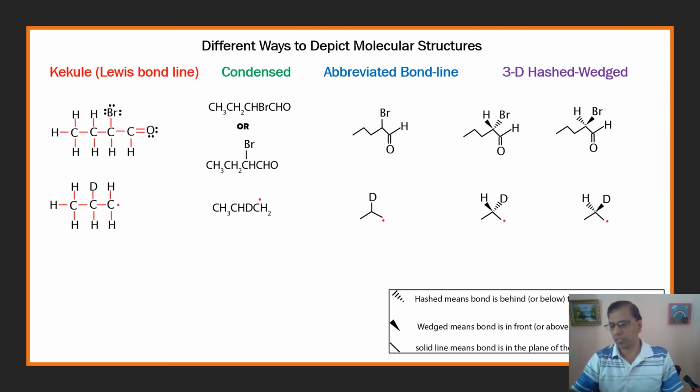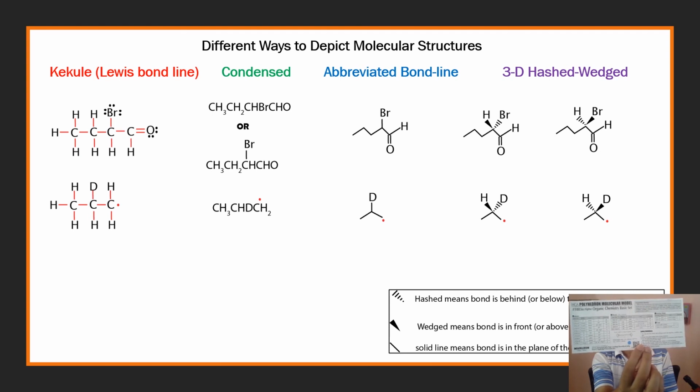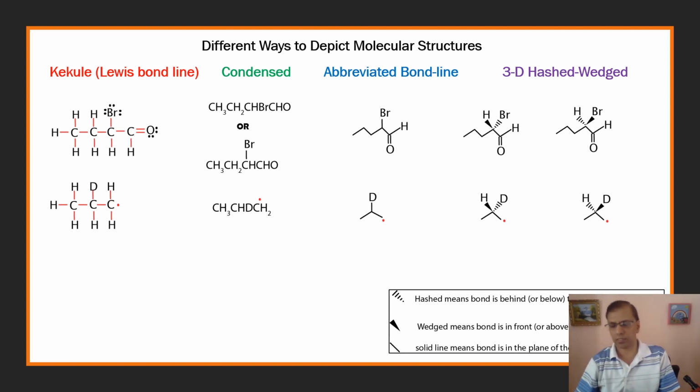So it's always good to draw models to look at the 3D structures. I have made this model from the Organic Chemistry Basic Kit, sold by Maruzen. You can buy any models and definitely make models, so that it will help you understand the 3D structures of organic molecules and why the reactions happen in a certain way.